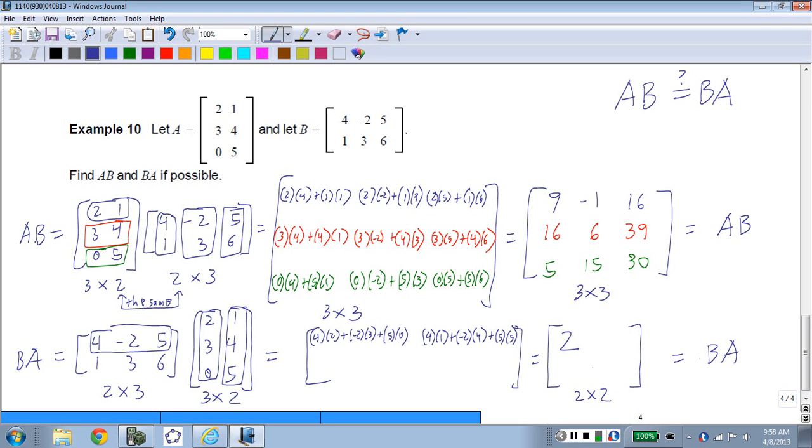So 4 times 1 is 4. Negative 2 times 4 equals negative 8. 4 plus negative 8 equals negative 4. And negative 4 plus 25, 21. There we go. So 2 and a 21.